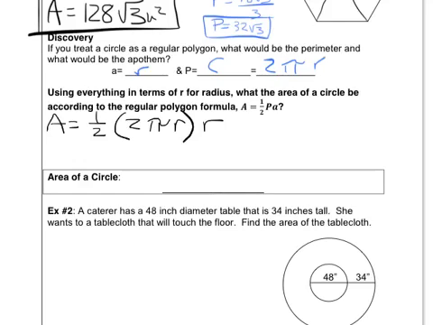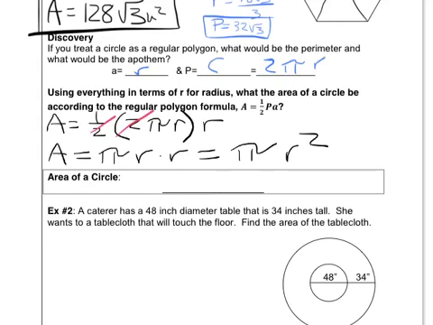Well, 1/2 times 2 is just 1, so those guys kind of just cancel each other out. So we're just left with pi r times r, which is the same thing as pi r squared. And this is a formula that you should have seen before. Area equals pi r squared. Look at that. So it's kind of where we could say we get that formula.